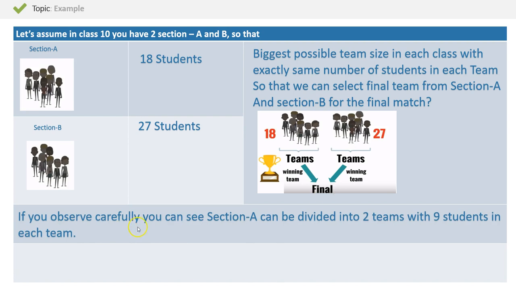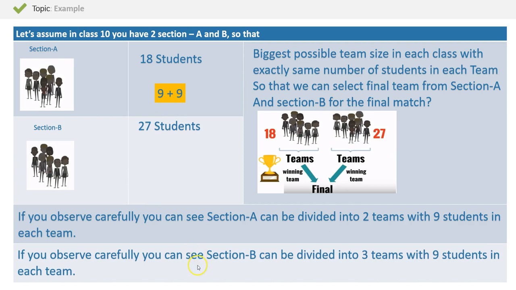If you observe carefully, you can see section A can be divided into two teams with 9 students in each team, 9 plus 9. If you observe carefully, section B can be divided into 3 teams with 9 students in each team.